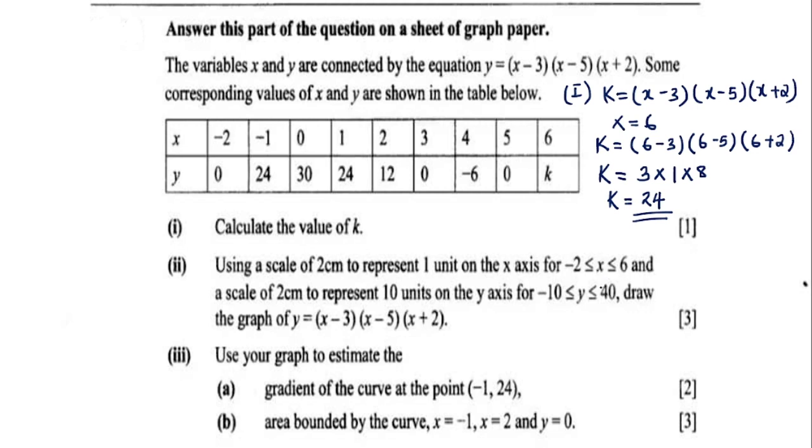So they are telling us that the x-axis should go from -2 to 6. And the scale of 2 centimeters to represent 10 units on the y-axis, for -10 is less than or equal to y, and y is less than or equal to 40.